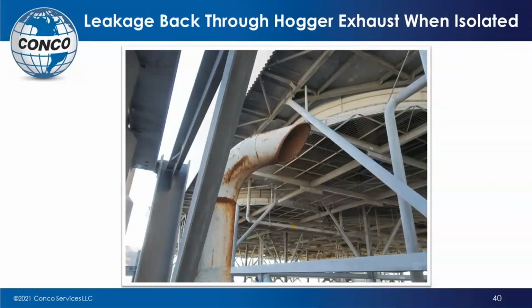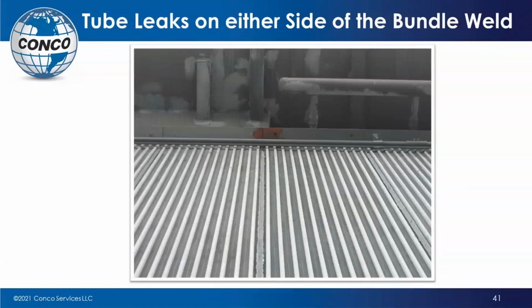This is the hogger, and you can see in this instance, as I was trying to explain before, it sits at the base of the unit itself, exposed to all types of debris. And so we have issues right here. This hogger valve can have problems. Either side of the tube bundle weld, at the bottom there, as we go down, you can see the weld in the middle.